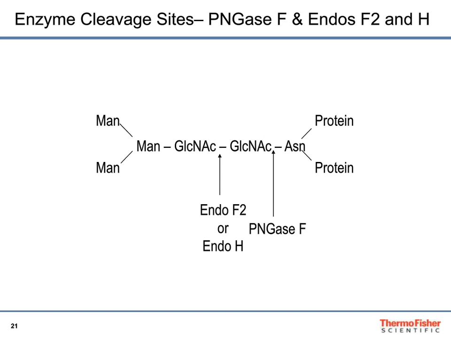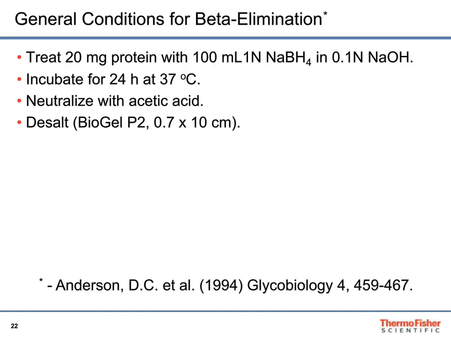Now, here are some general conditions for beta-elimination. Beta-elimination is a technique first described, I believe, in the 50s by Carlson. But these are some conditions that were specifically used with HPAE-PAD in a paper by Anderson about 20 years ago in Glycobiology.